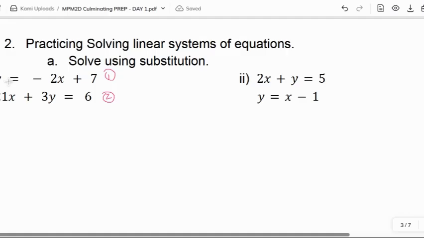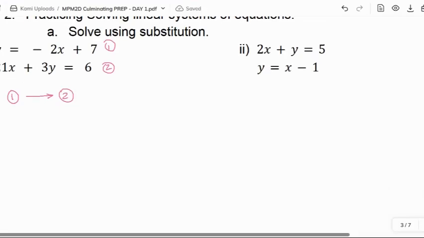Since y is isolated, I can say, okay, y on the left and the right side of the equation are identical. So I can substitute this right side into this y here. So the way that I communicate that is I'm going to say equation 1 into equation 2. You can communicate it differently, right?